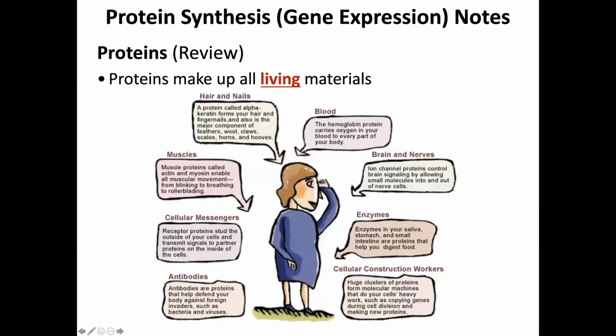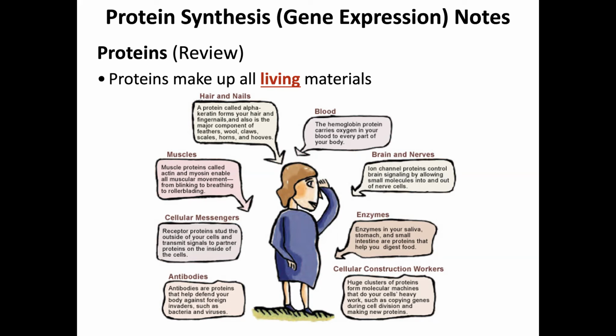The proteins make up all living materials, including hair and nails. Even though hair and nails don't look like protein, they're still made of proteins. And in blood, perhaps the most important thing is hemoglobin, a special protein which carries oxygen in your blood.